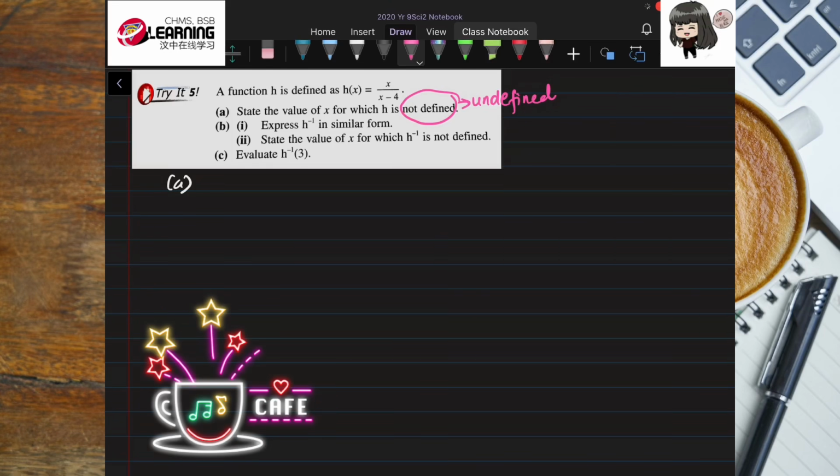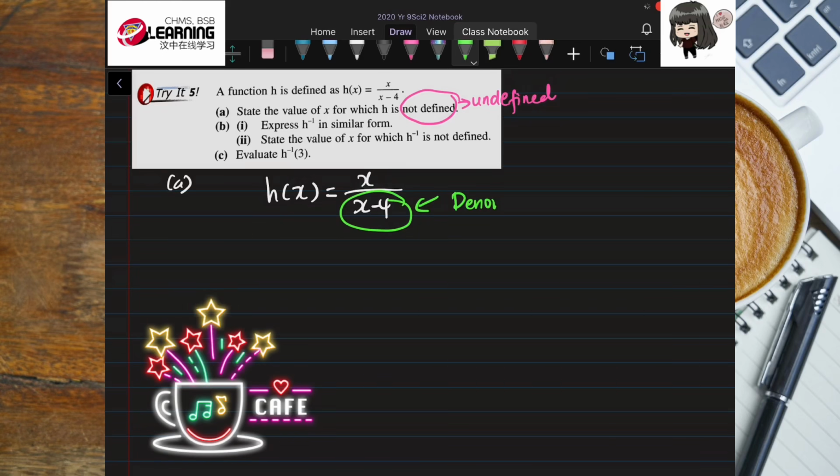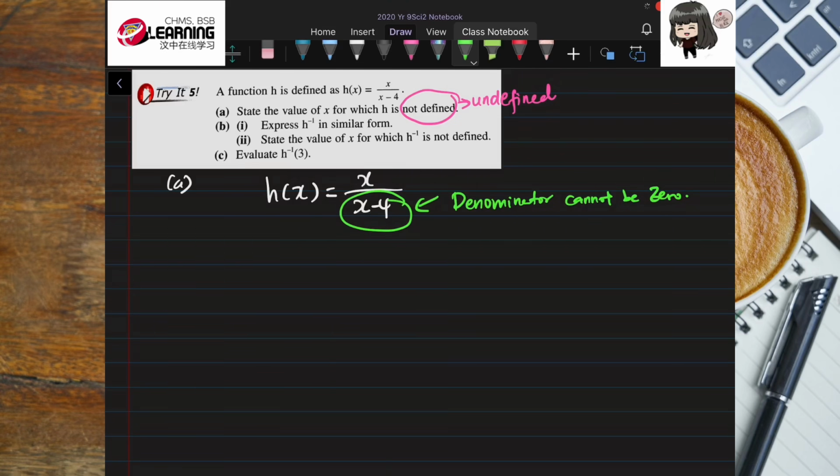When h is not defined, it means your denominator cannot be 0. Your h of x is x over x minus 4, so your denominator is x minus 4. What happens if your denominator is 0? X divided by 0 is undefined.